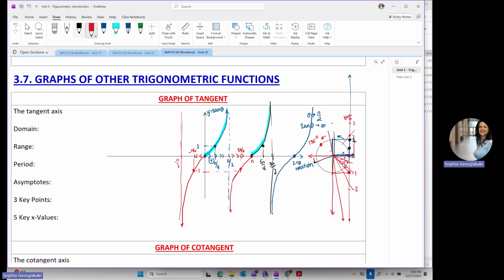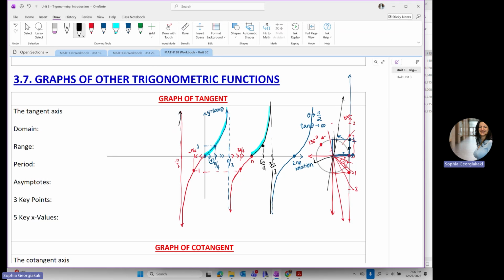But as soon as I pass -90 degrees and I'm now in quadrant 3, I will have to extend the backwards direction of my terminal side to hit the tangent axis in some really large positive numbers. So on the left side of negative pi over 2, I will be coming from really high tangent values.